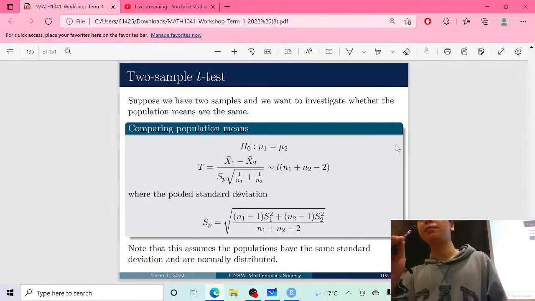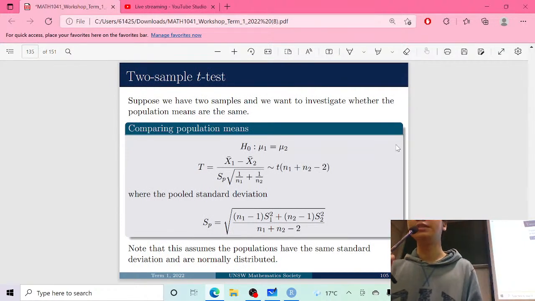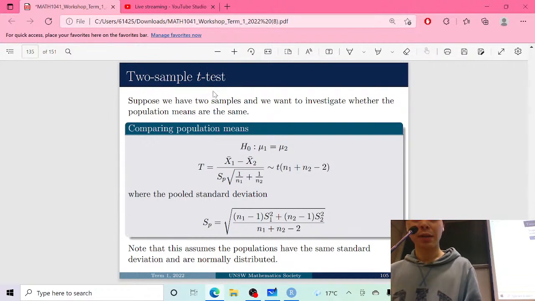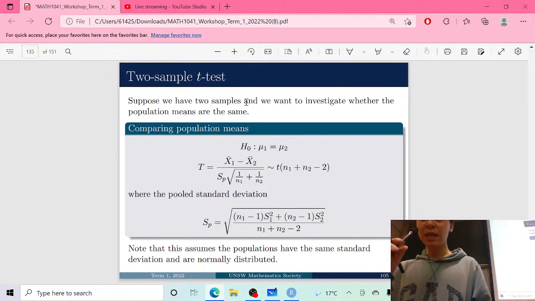So the first one we're going to be looking at is what we call a two-sample t-test. One of the assumptions that we're going to make here in order to use the two-sample t-test is that we have two samples that we want to investigate, and we want to say something about whether the means are the same.